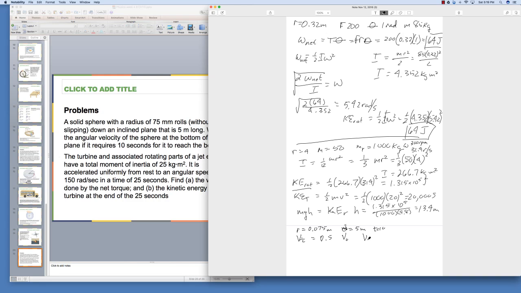So the final velocity is going to equal the average velocity times 2, 0.5 times 2. So its velocity at the bottom is 1 meter per second. Now, it's asking what its angular velocity is, and that's going to equal the linear velocity divided by the radius, so that's 1 meter per second divided by 0.075.